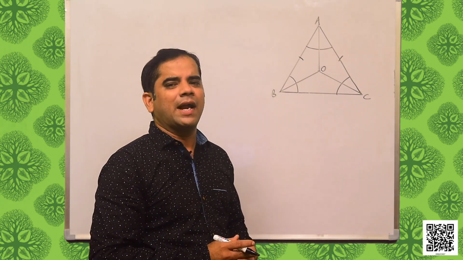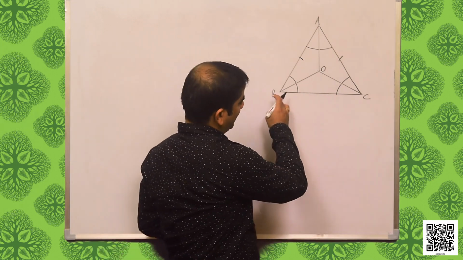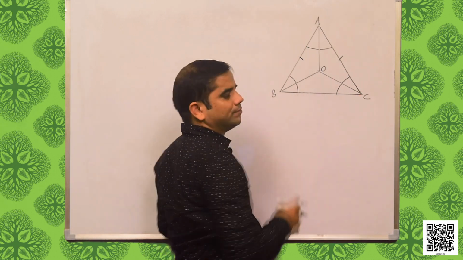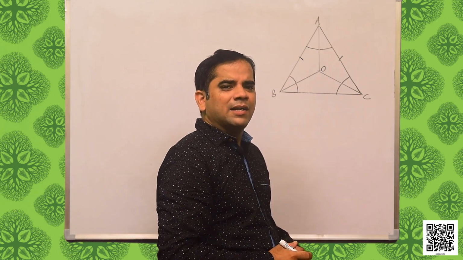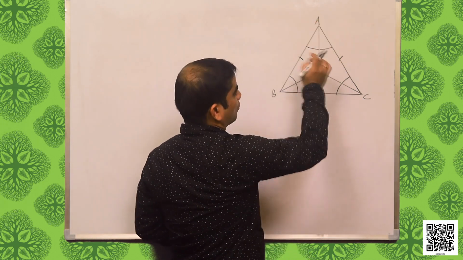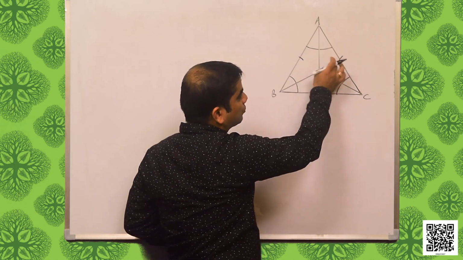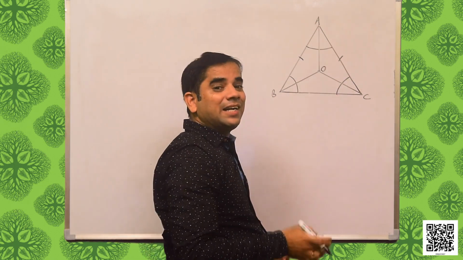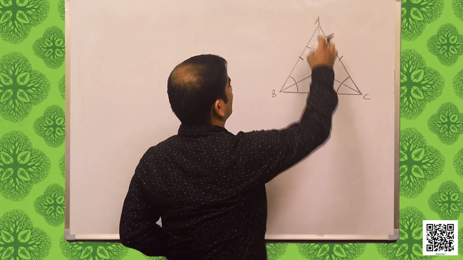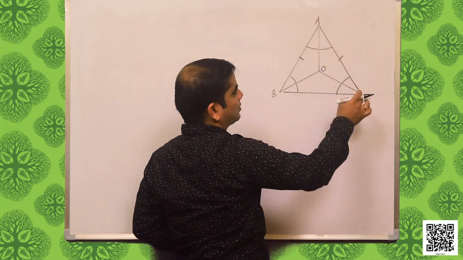The bisector of angle B and angle C intersect each other at O. Bisector of angle B, that is BO, bisector of angle C, that is CO. And the instruction is to join A to O. That means we now have three triangles in the interior of triangle ABC, those are AOB, BOC and AOC.